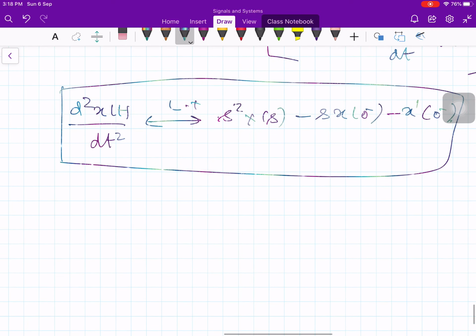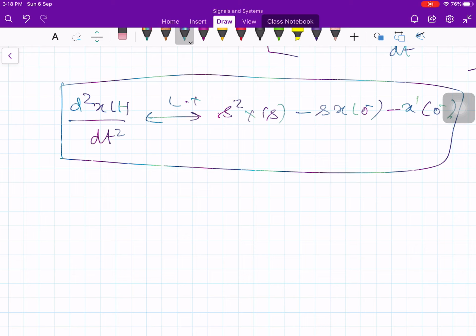Okay, and this can be continued, so a general formula for the Laplace transform of the nth derivative can be written as follows. So d to the n x of t divided by dt to the n. See, here you have square terms, so here also the power is n, so substitute the same thing.